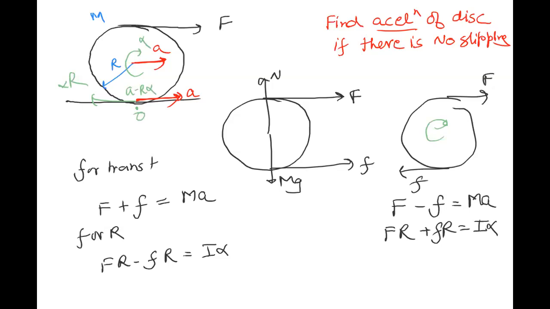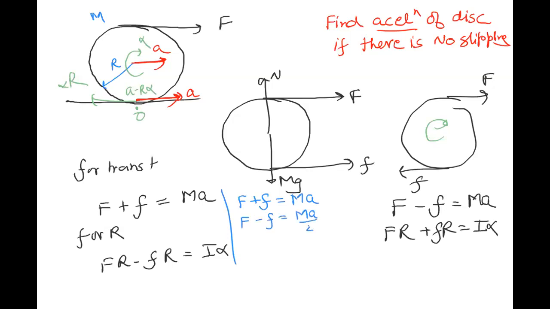Therefore, A minus R alpha should be 0, and A is equal to R alpha. If A is equal to R alpha, then you will get F plus F is equal to MA, and you get F minus F is equal to MA by 2.